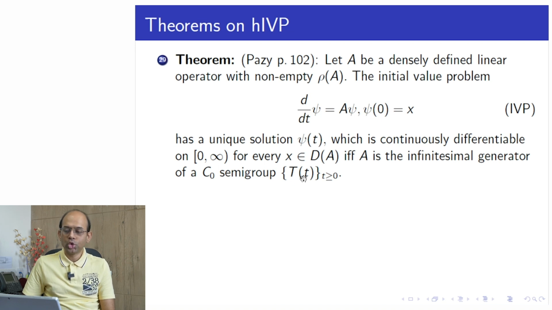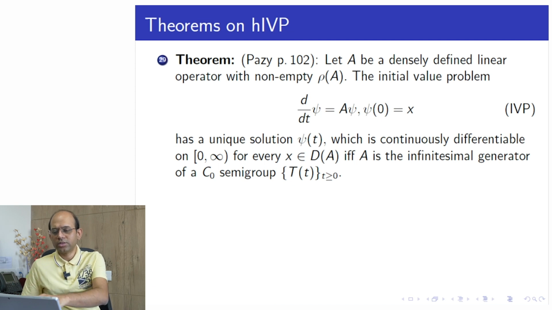So what is the difference between this theorem and the theorem we have already quoted? In the earlier theorem, we saw that if this operator A generates a C0 semigroup, then that constitutes a solution of this initial value problem.